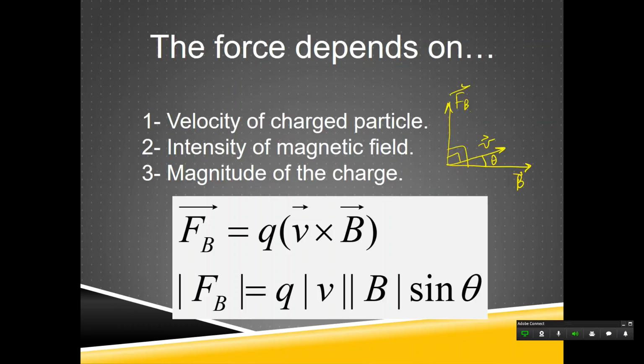So if you have v and B going in the same direction, it would be 0 degrees difference, and the sine of 0 is 0, and therefore your force would be equal to 0. Now you would maximize the force if the angle between the velocity and the magnetic field vector is 90 degrees. That's the maximum, for magnitude.